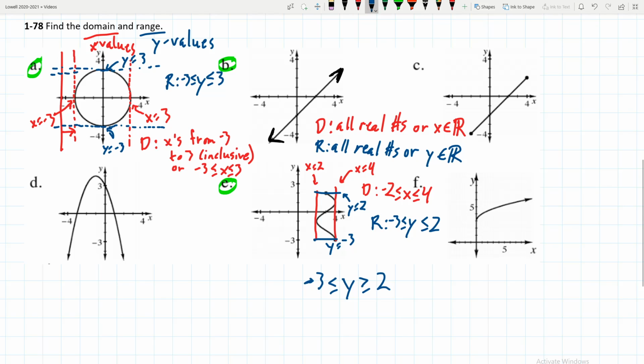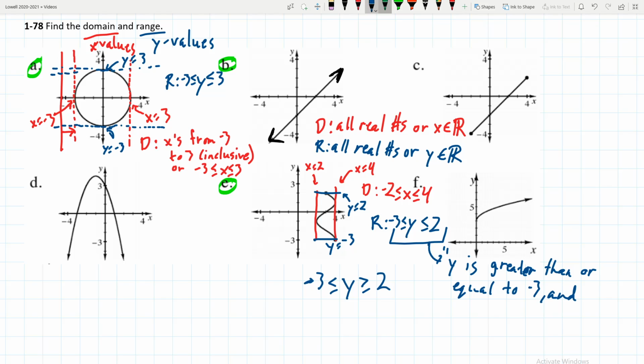Because when you say this, if I was to say this part in words, this thing in blue right here, I would say that y is greater than or equal to -3, and also less than or equal to 2, right?